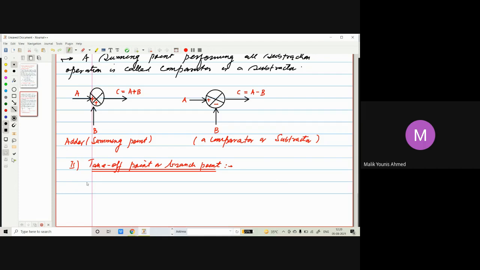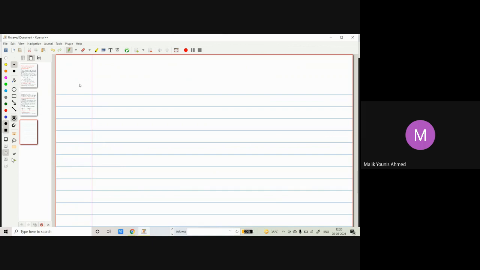So let's write a definition of this one. It's a point from which the signal from a block goes concurrently.